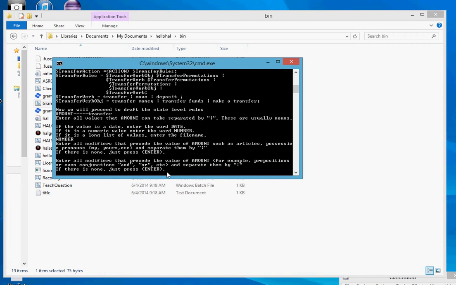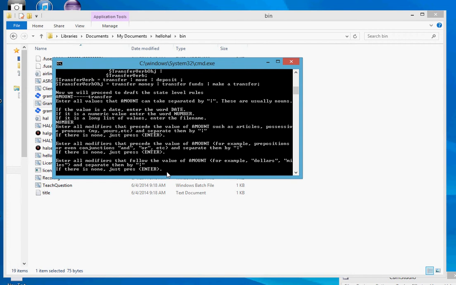I cannot think of any preposition that would apply here, such as from $500 or by $500. No, I don't see that. So I'm just going to press enter, and then the next question is about what follows the concept amount. Well, it's giving us the example of dollars. So certainly it would be $500 or bucks or maybe another currency like euros.